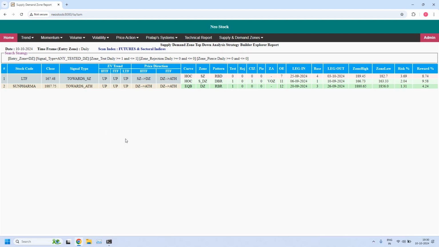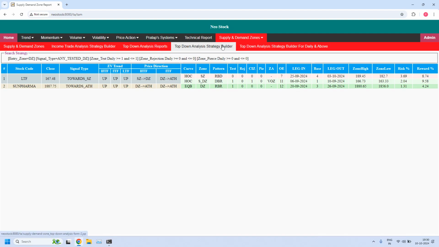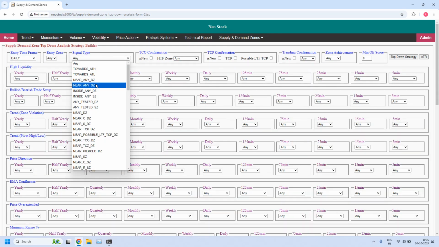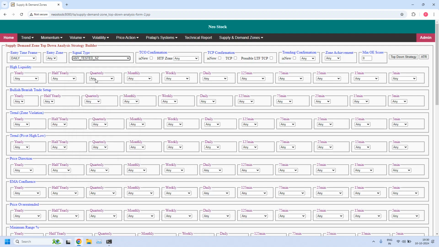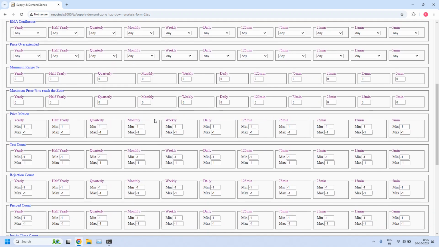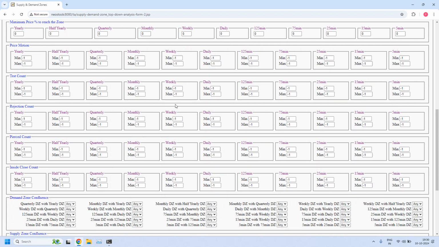Okay, next daily time frame, tested supply zones, daily supply zones. Test count should be, on daily time frame, oh sorry, test count should be 1, should be tested today.